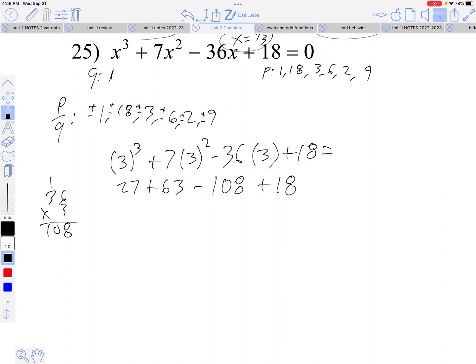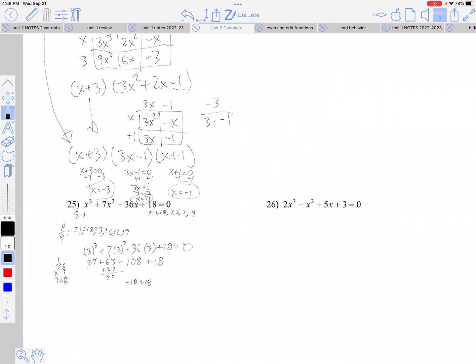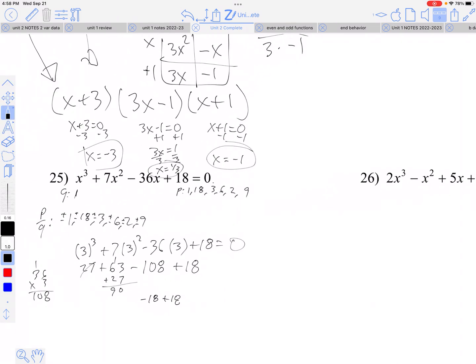Okay, so when I do 27 plus 63, I'm going to get 90, right? So 90 minus 108 leaves me with negative 18 plus 18. Yep, it equals 0. So I know that 3, oh, last time was negative 3. I was like, did we get the exact same one? Nope. 3 is one of the actual zeros.